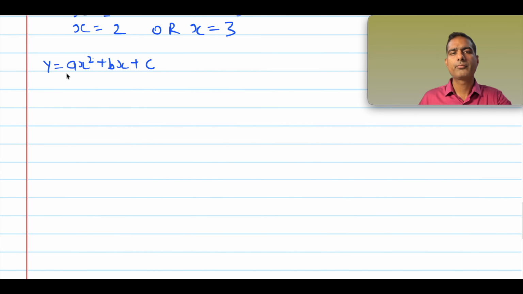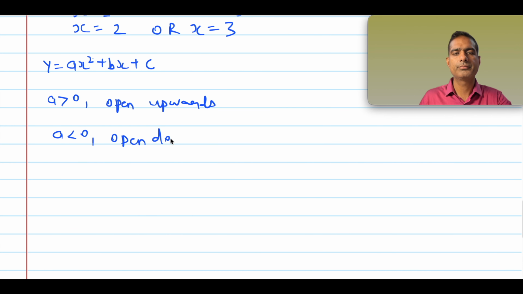Now, the parabola can open upwards or downwards. It depends on the sign of the coefficient of x square, that is a. If a is greater than 0, the parabola opens upwards. And if a is less than 0, it opens downwards.